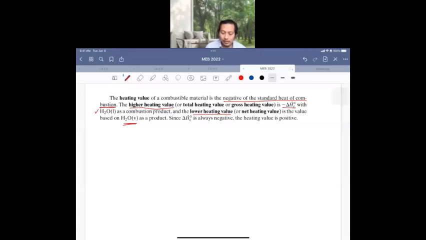Since the enthalpy change of combustion is always negative, the heating value is positive.